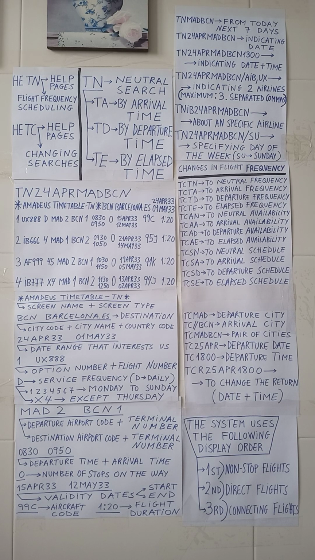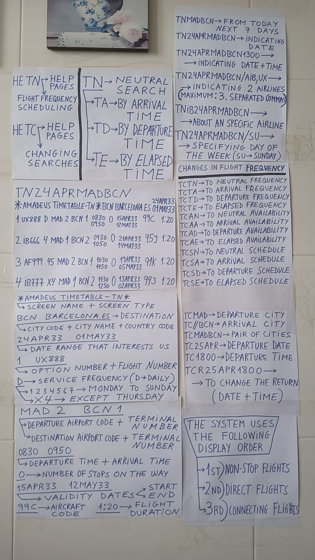The next transaction, TN24 APR MAVBCN /AIB, UX, is used to search for flight scheduling screens from Madrid to Barcelona that are carried out by the airlines Iberia and Air Europa.